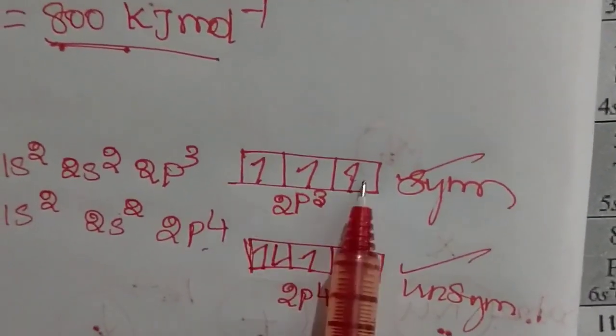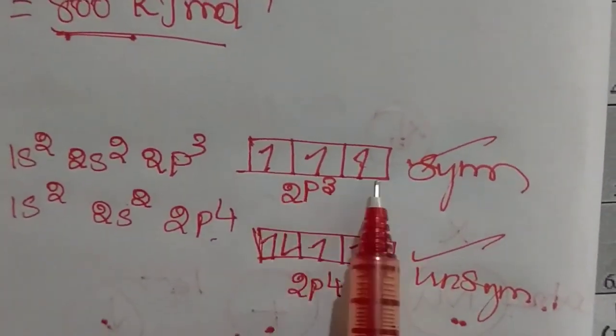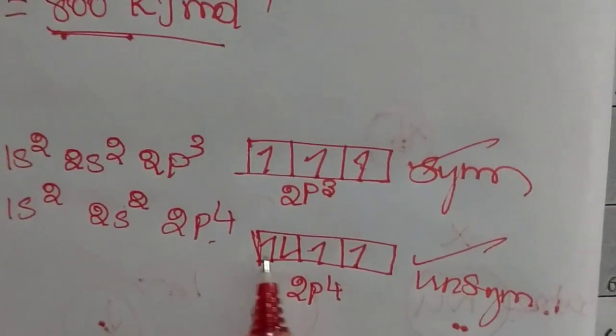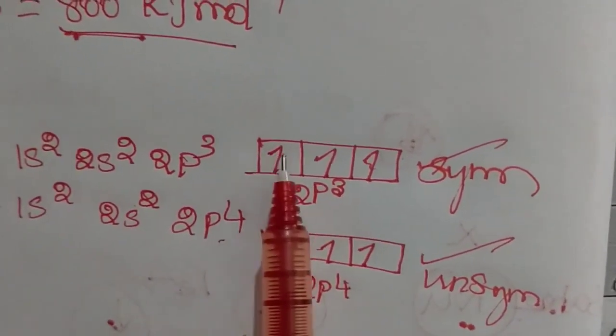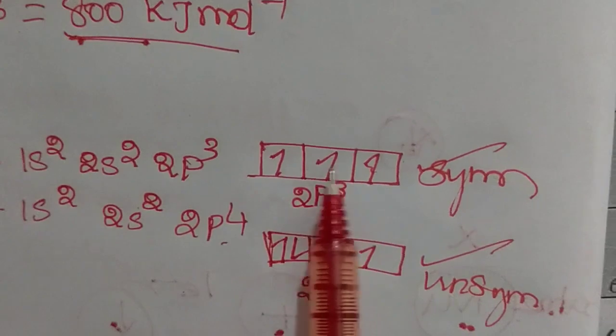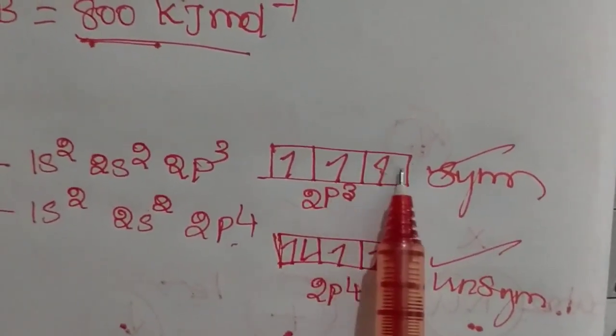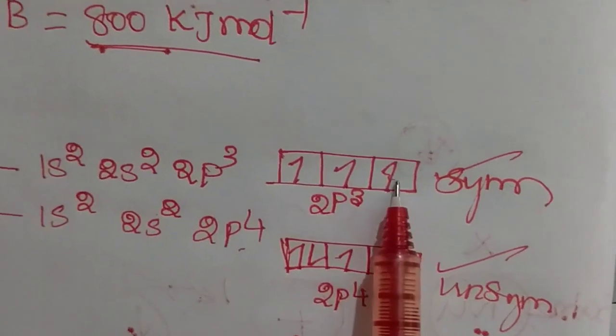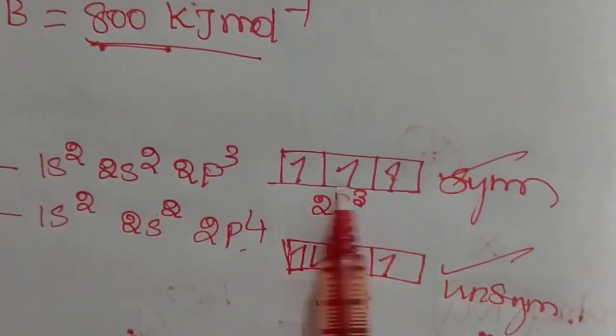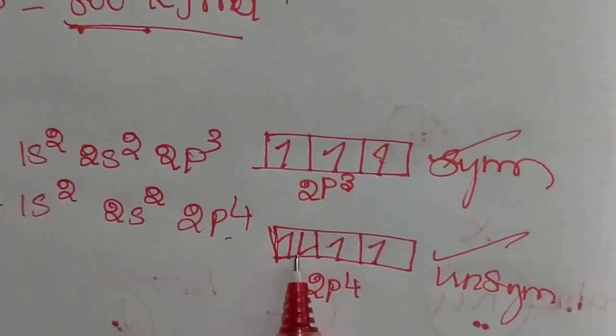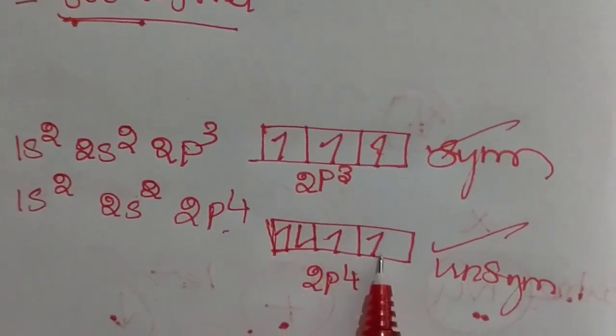Why? Because of the symmetrical distribution of electrons in the orbitals versus the unsymmetrical distribution of electrons. Compare the first orbital and second orbital, only one electron each, and compare these two with the third, 1 electron. So these three are the same, but here it contains 2 electrons, 1 electron, 1 electron.